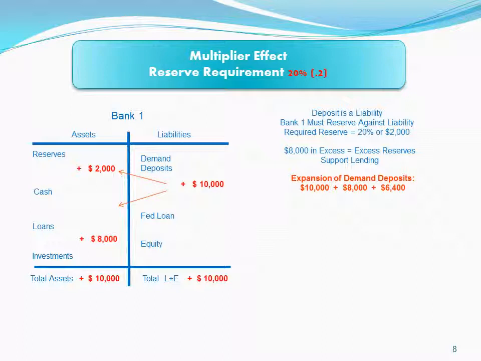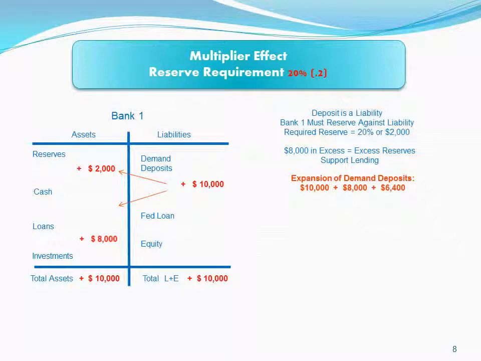So already this series of deposits is growing, but getting smaller each time because each time a bank has to set aside required reserves. But again, if we remind ourselves that it's a loan and then a deposit, a loan and a deposit, these demand deposits can be spent. So essentially we're creating money.